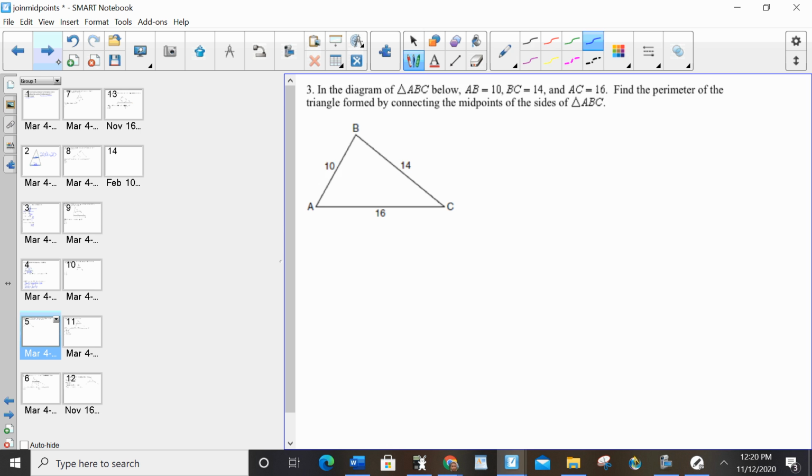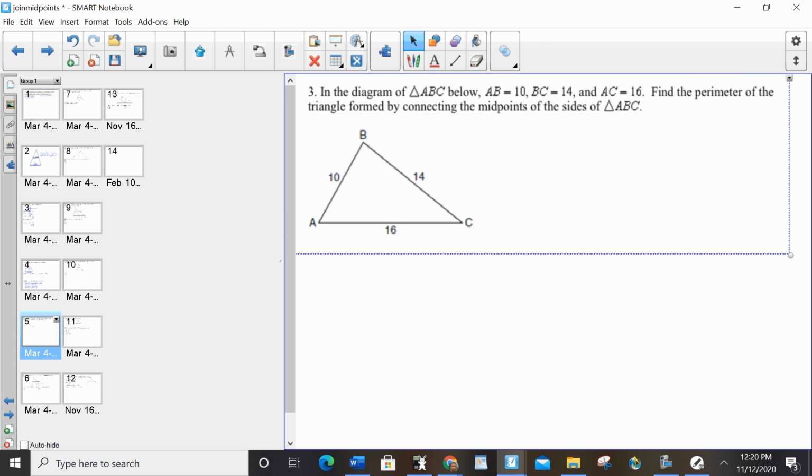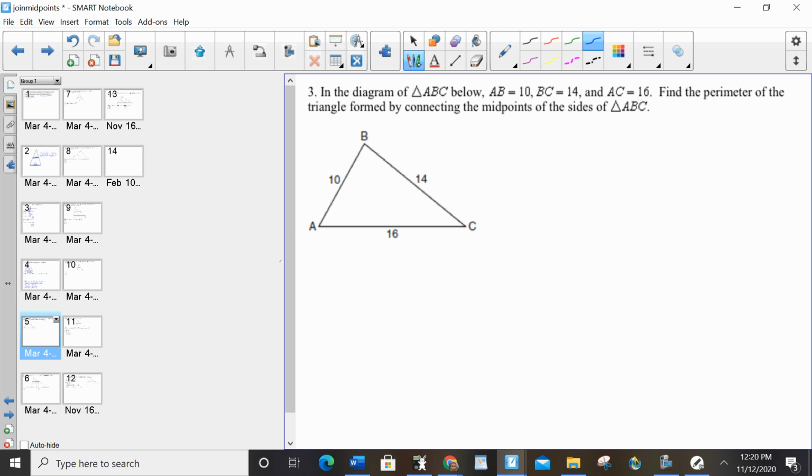In the diagram below, AB is 10, BC is 14, AC is 16. Find the perimeter of the triangle formed by connecting the midpoints. Well, I know that this segment is half of this, so that must be 8.